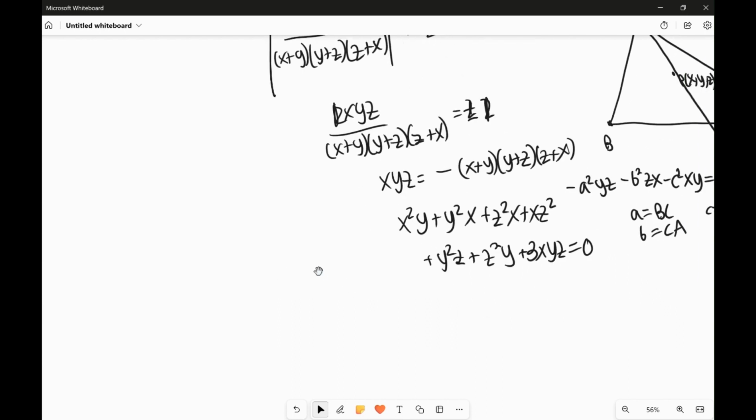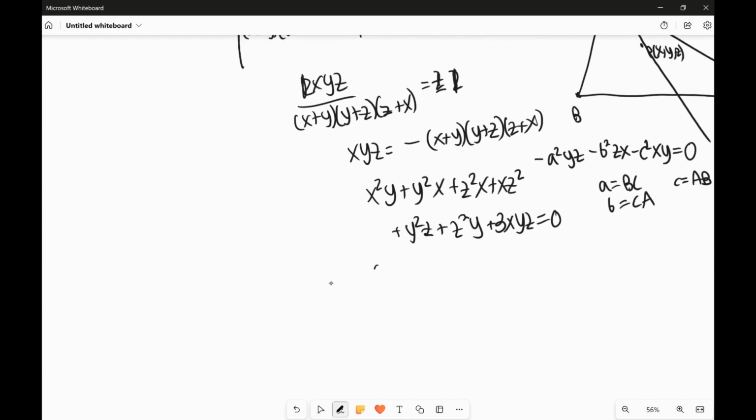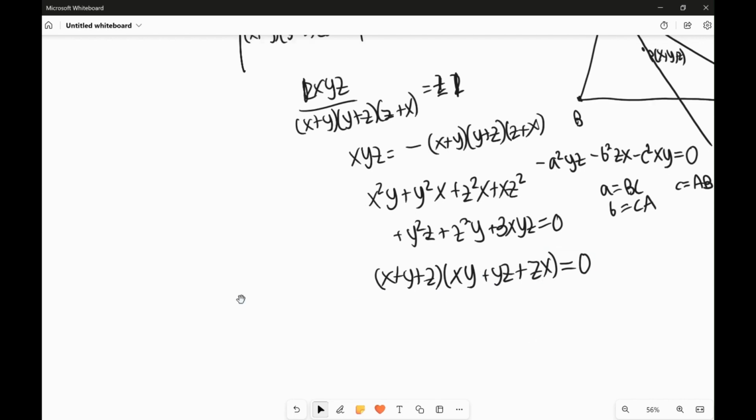For those experienced with factorization, you might immediately know this is (x plus y plus z) times (xy plus yz plus zx), and this must equal 0. If you're not convinced, you can just expand it out. Now we want to prove this. But remember from our circumcircle equation that xy plus yz plus zx is equal to 0. So this entire thing is 0, and we're done.